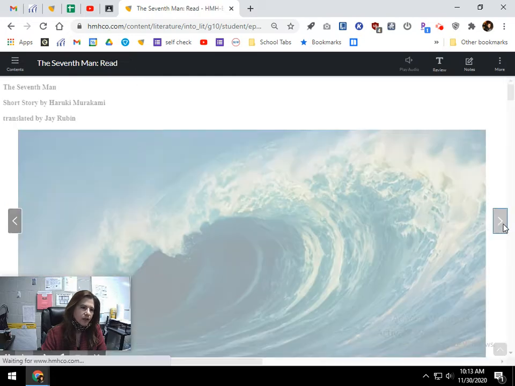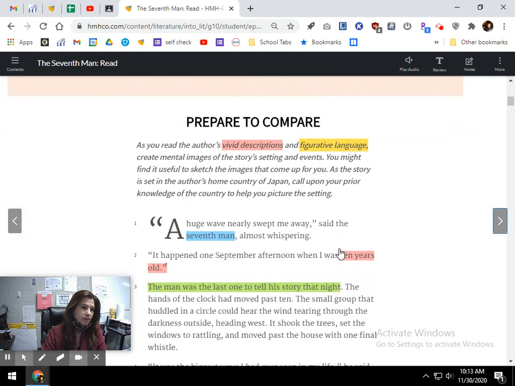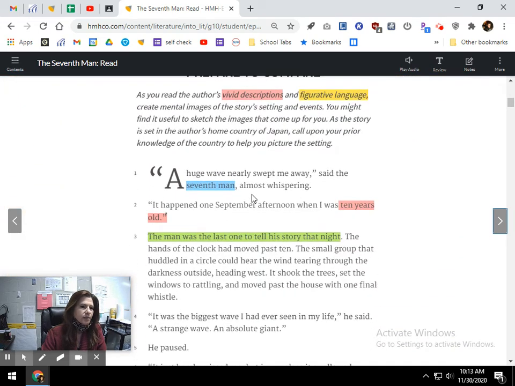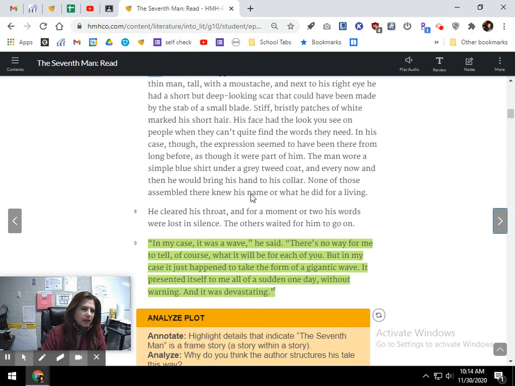So that gave me a clue that maybe in this story, and I don't know for sure, I have not finished this story, by the way. It gives me a clue that this wave might not be a real wave. It may not be a literal wave that almost swept him away. And the real big clue that I get here is, in my case, it was a wave.